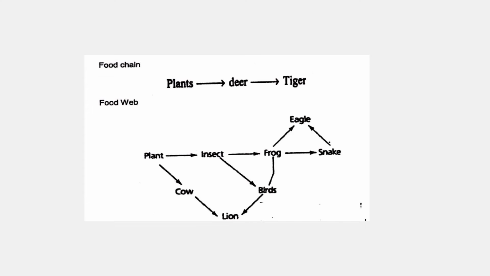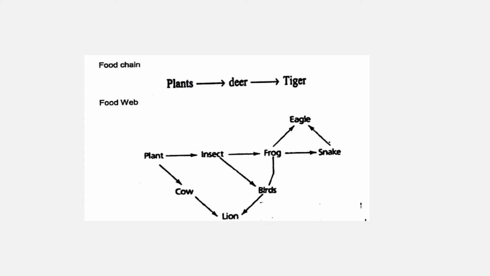I hope you follow. Then again, plants eaten by insects, insects are eaten by birds. Right? Now listen carefully. Plant, insect, frog, snake. That is one food chain. Now plant, insect, frog, eagle. That is second food chain.